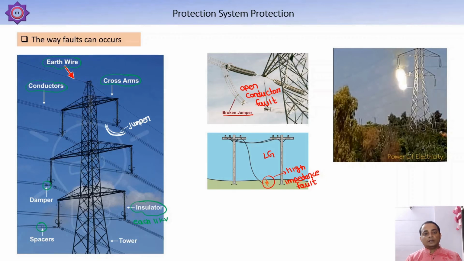So this is our conductor, and due to arc and fire, the insulation of the insulator is punctured, and with the help of the arc, this conductor is directly connected to the tower, and the tower is directly connected to the ground. As a result, a low impedance single line to ground fault may occur.